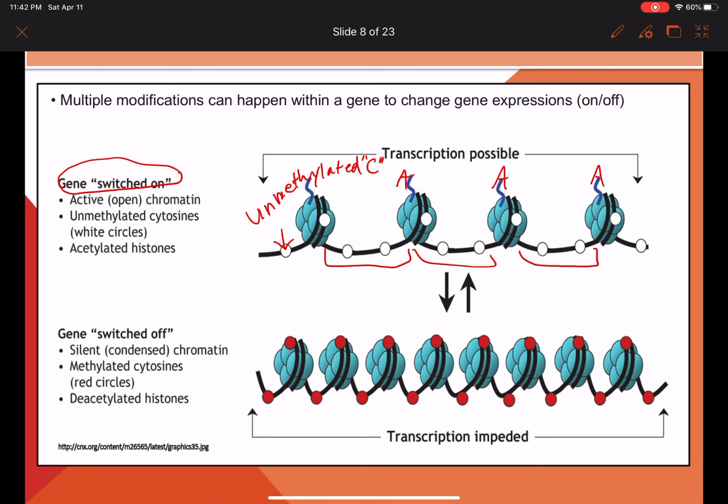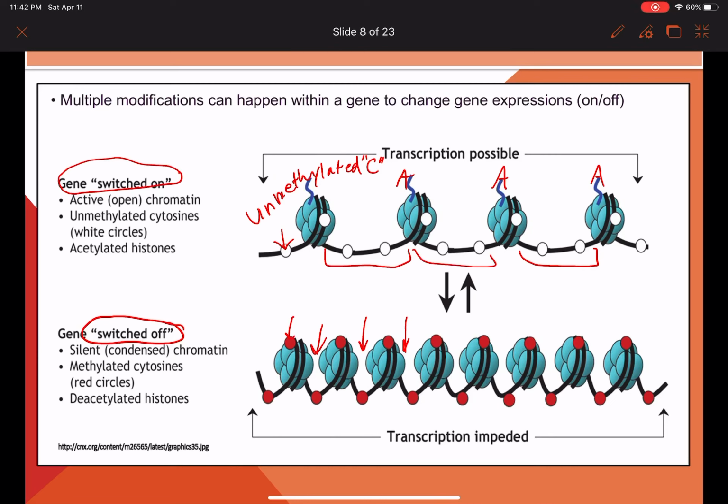Now, to turn a gene off, the opposite happens. We're silencing the particular genes involved by closing the gaps between histones, so that DNA is more tightly wrapped around the histones. So these usually involve methylated cytosine, which are represented by these red circles.